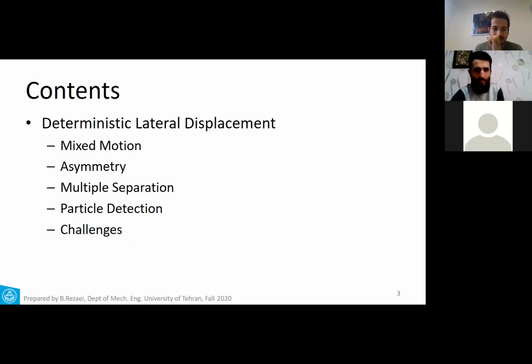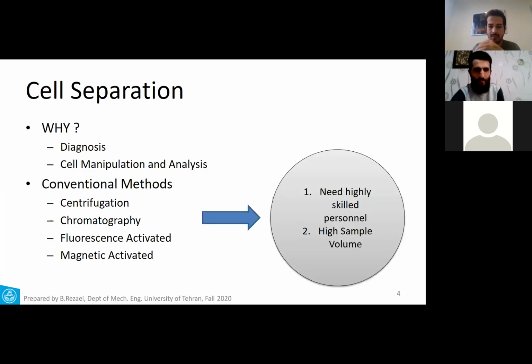Okay, thank you. So why is cell separation even important? What are the applications? Maybe the most common reason is diagnosis. A very common example is cancer. There is a stage in cancer called metastasis.